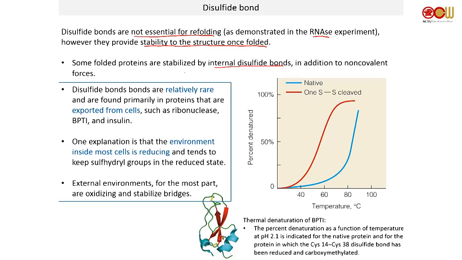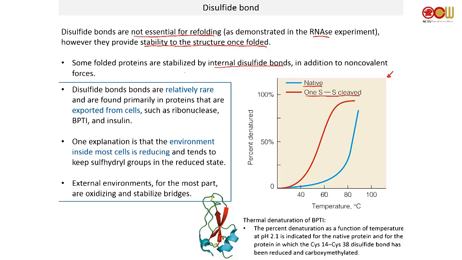So what I want you to look at is this particular graph right here. This is a protein called BPTI. Essentially I want to show you this is the native protein and this is after removing one disulfide bond. As you can see, the thermal stability of this protein is a lot better in its native state. How do I know that?